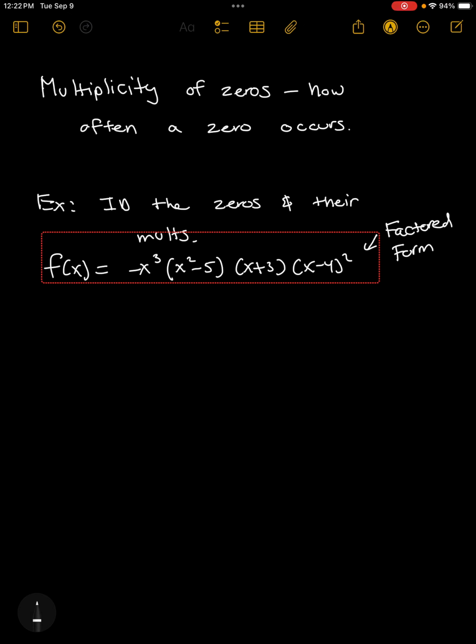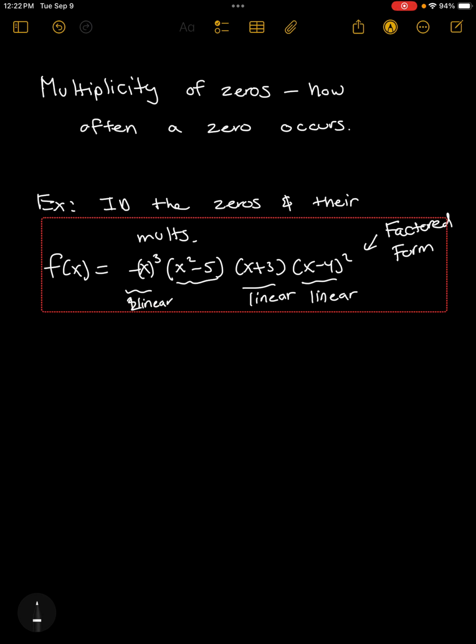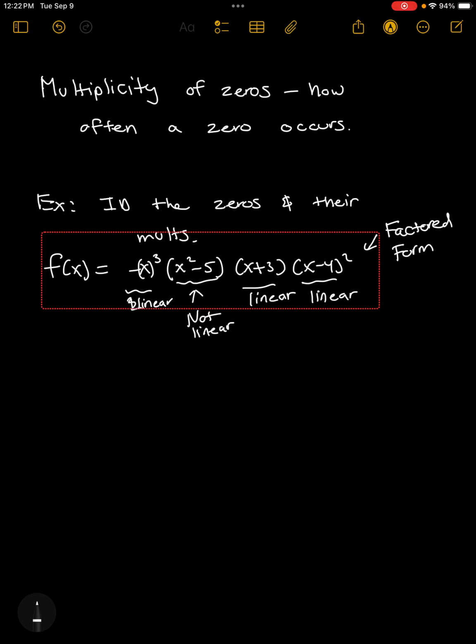Now, there is one piece of information that you need to be aware of. These factors all have to be linear, right? This is linear, this is linear, this guy right here is linear, okay? If I put parentheses around here, that's also linear. Now, this guy right here is not linear, and so you can't determine the multiplicity straight from this function.